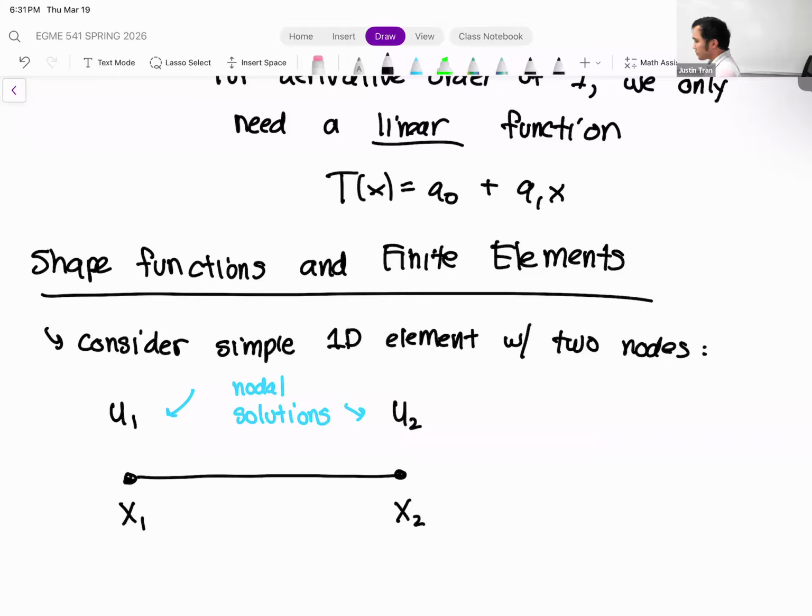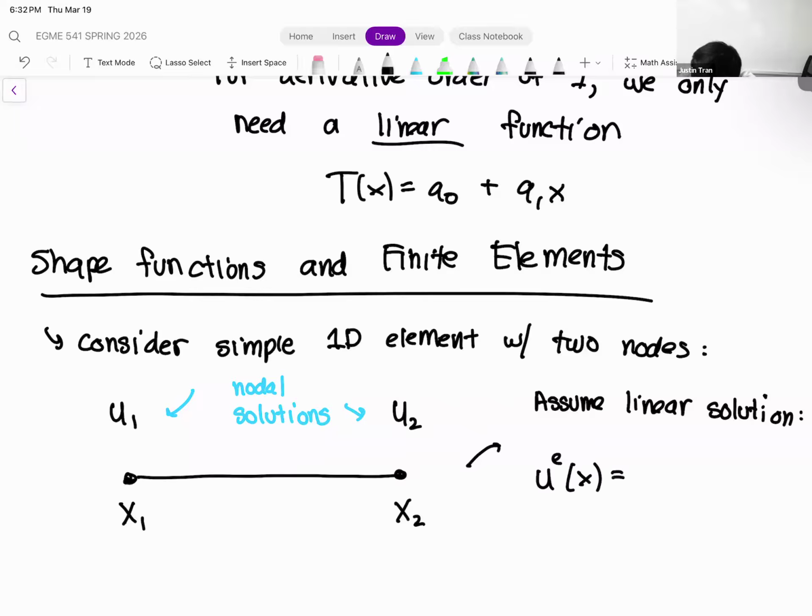Okay. Next thing that we're going to do is we're going to assume a linear approximation. And so our linear solution we'll say is U^E, right? So I'm going to use a superscript E here to denote that this is the solution that's going to be assumed on this particular element. Okay, so E for element, of x is equal to a0^E plus a1^E times x.